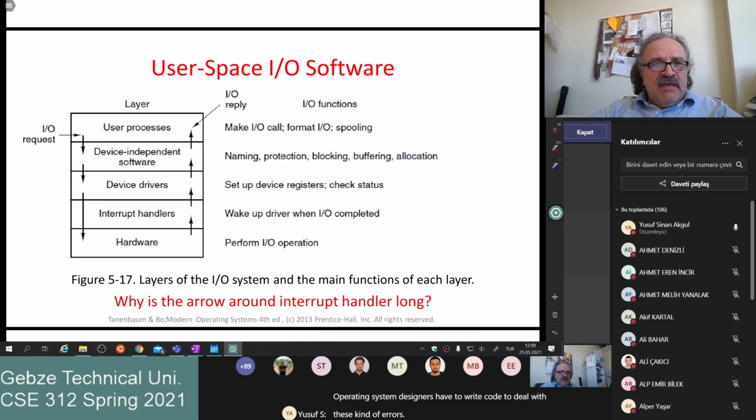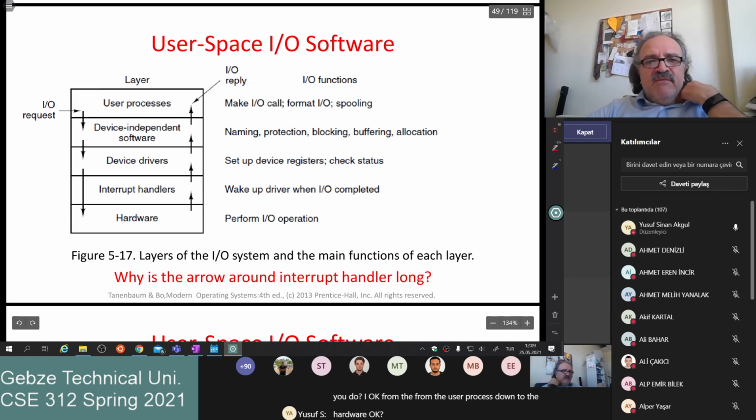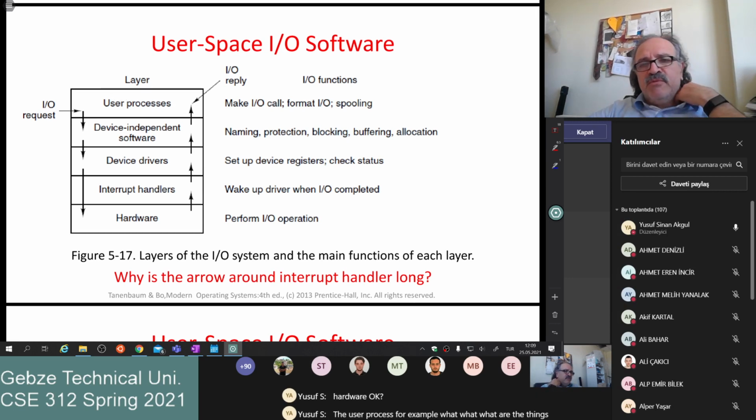Okay, finally the main things. What happens when you do I/O? From the user process down to the hardware. Okay, the user process, for example, what are the things that are related to the user processes? You make an I/O call.